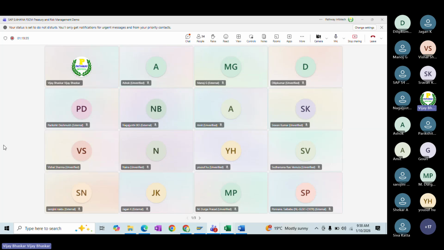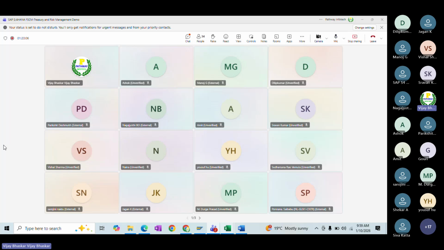There will definitely be fewer clients compared with FICO. But wherever the demand is there, even if we assume 100 FICO consultants, I think the majority of people in this forum, a total of 34 members, maybe I am the one person who has experience in FSCM, like treasury and these areas. Other people, maybe one or two might be there.